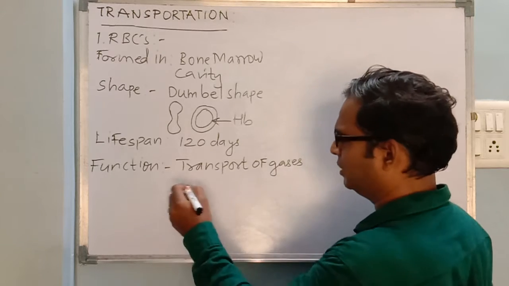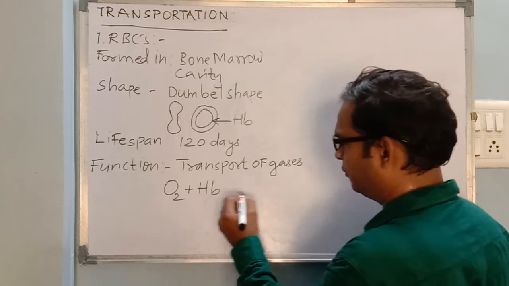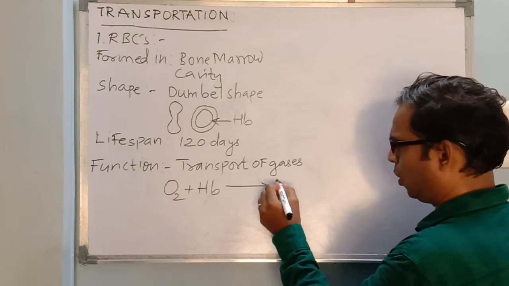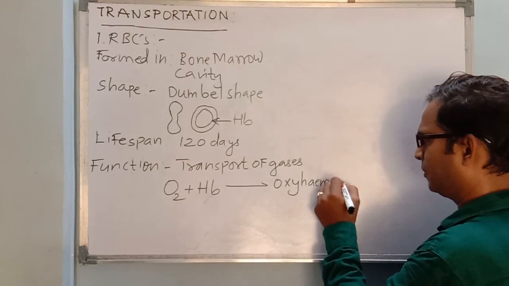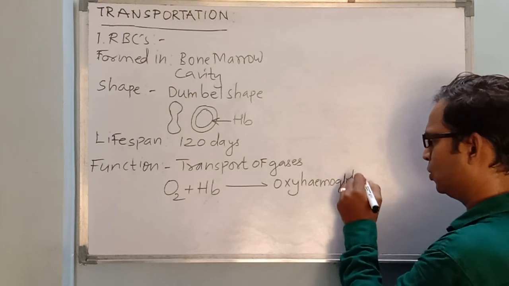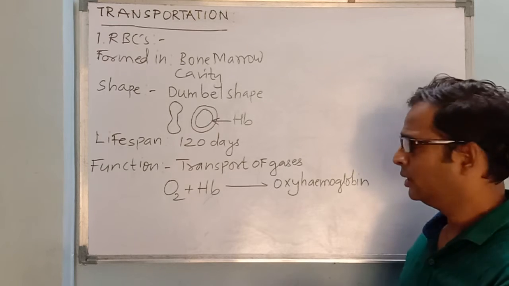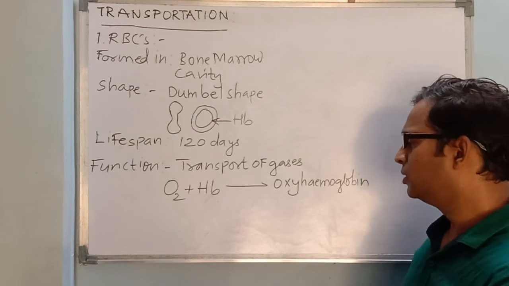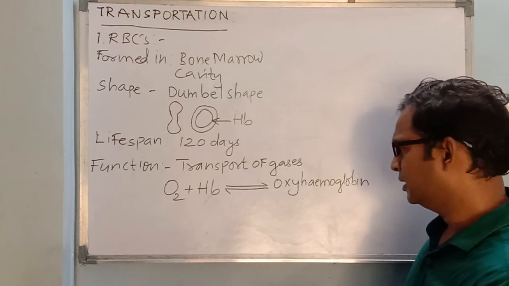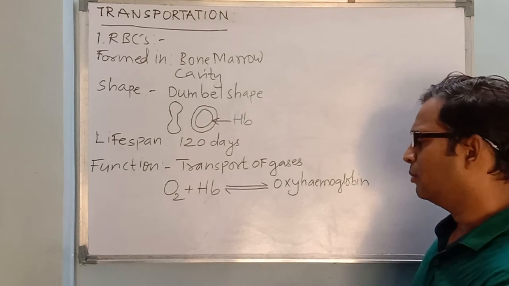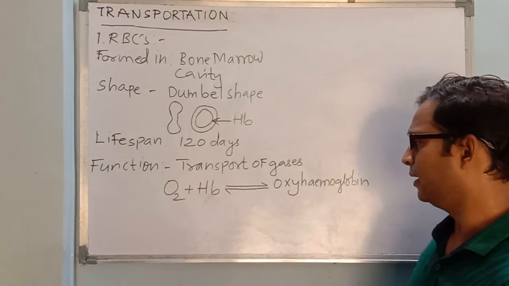When oxygen combines with this hemoglobin, it forms oxyhemoglobin, which is then taken to the tissues. When it reaches the tissues, the reverse reaction will occur, and the hemoglobin will be separated from oxygen, and that it will be transported.